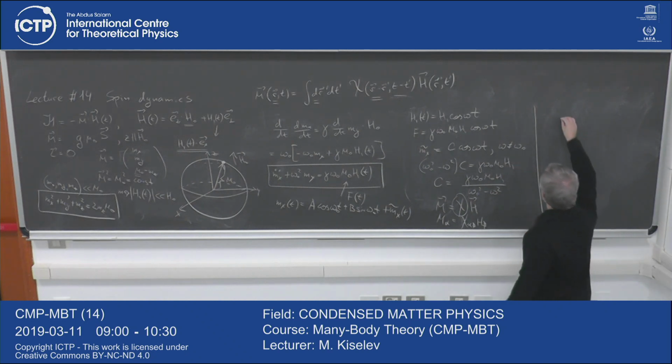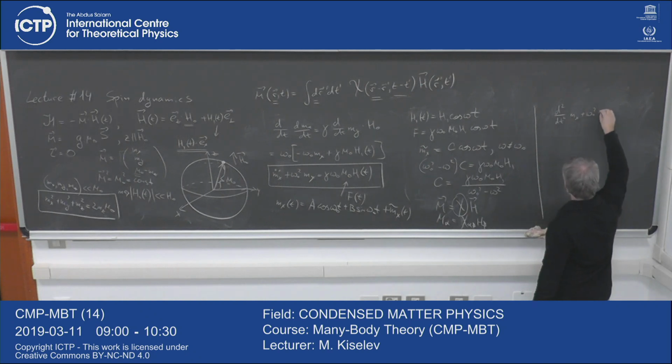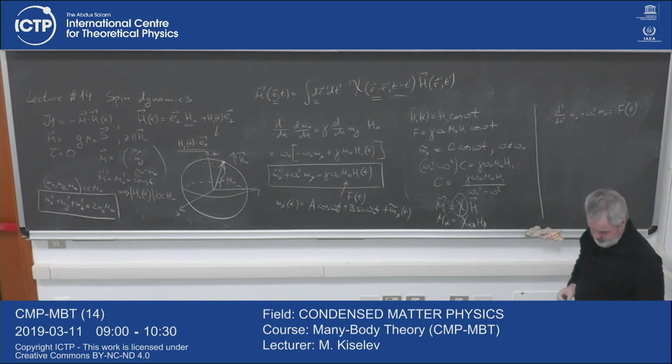So I'm dealing with a differential equation: d2 over dt squared mx plus omega naught squared mx is equal to some external force f(t).